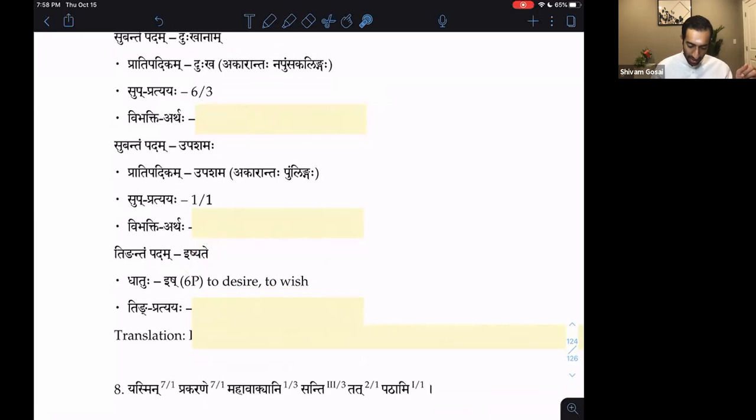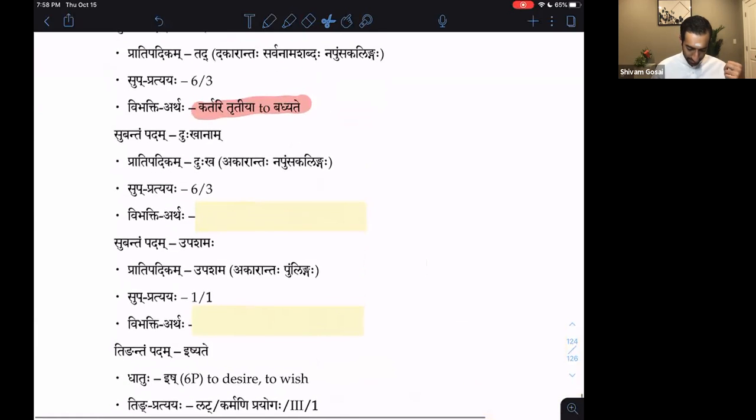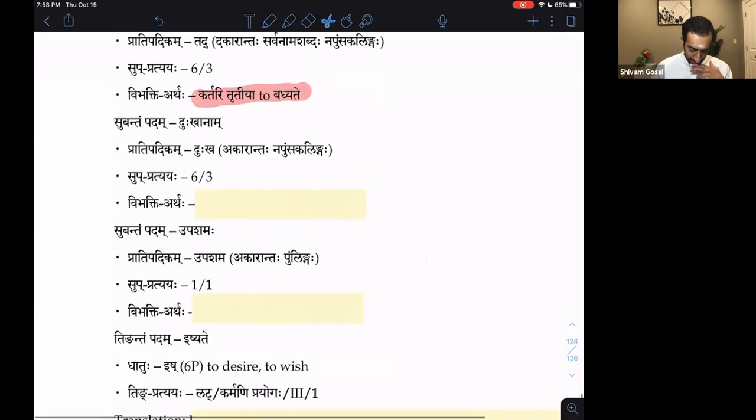So it's going to be karmani prayoga, lat lakara karmani prayoga, prathama purusha ekavachanam. Right? Third person singular. So it's going to be someone desires or wishes. Or sorry, is desired or wished, right? It's karmani prayoga, so desired or wished.